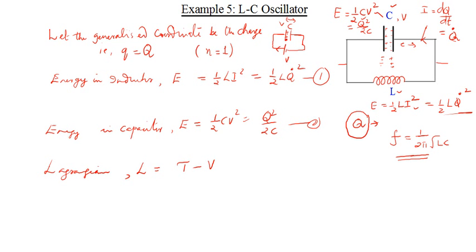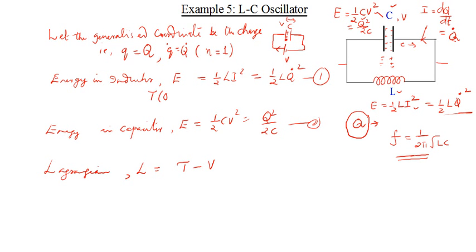Looking at it that way, you can see that the energy in the inductor is half L Q dot square, because Q is the generalized coordinate, therefore Q dot, the generalized velocity, will be equal to Q dot, as we saw. And also we know that the kinetic energy T is a function of what, Q dot. T should be a function of the generalized velocity. So I can say that this is half L Q dot square.